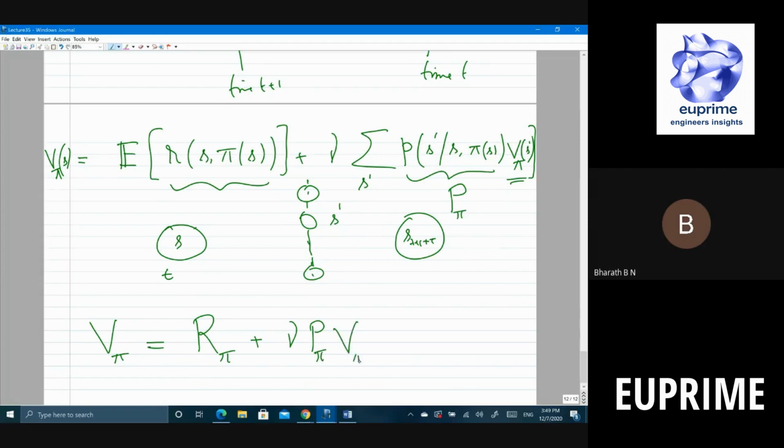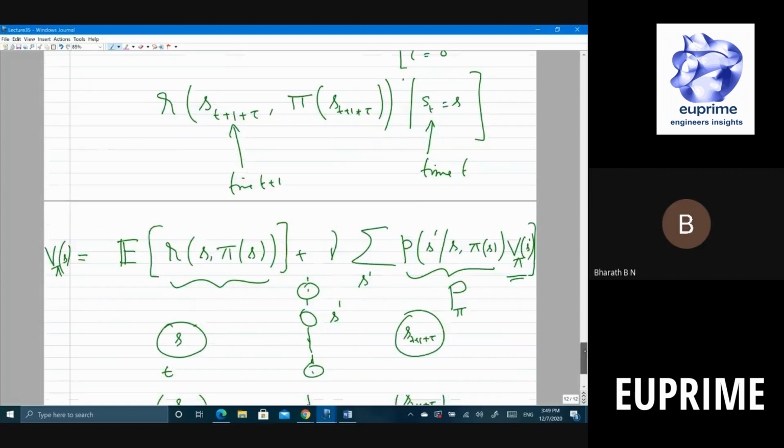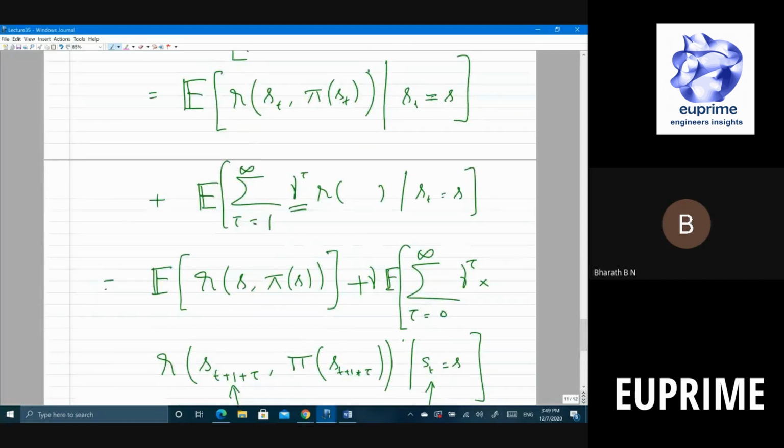Again, v pi. Right? This is what we get. Do you agree? Everyone? Sir, nu will be transpose. Nu transpose? Why? Nu is a number. It's nu to the power t, right? Nu is a number.